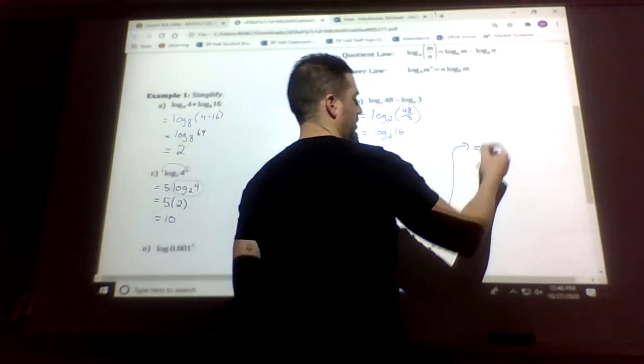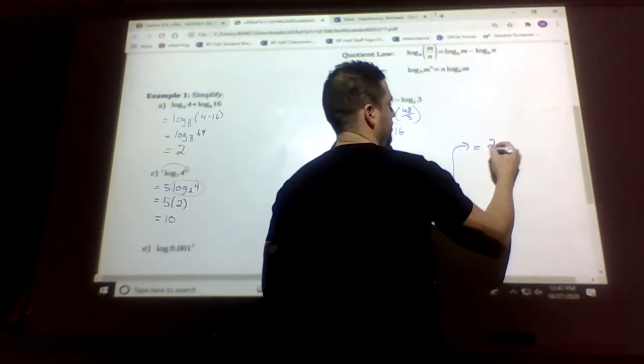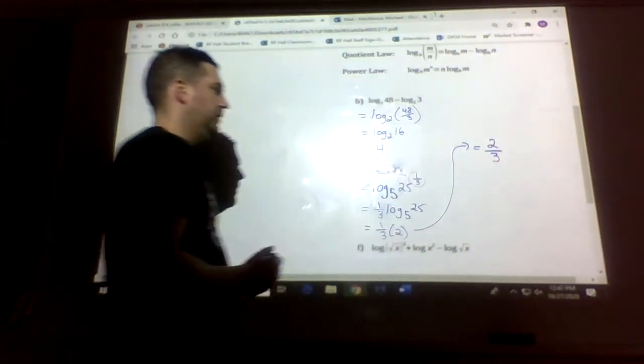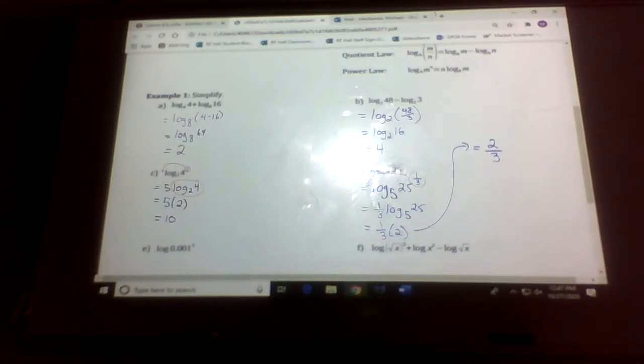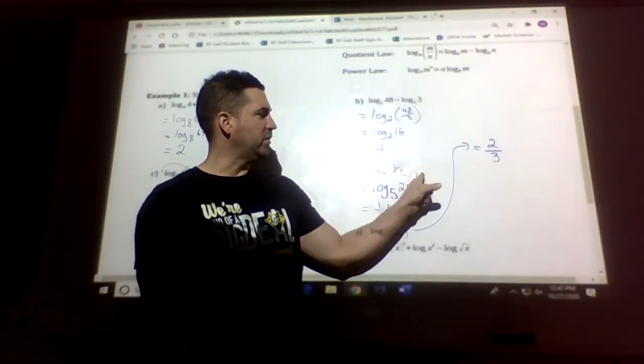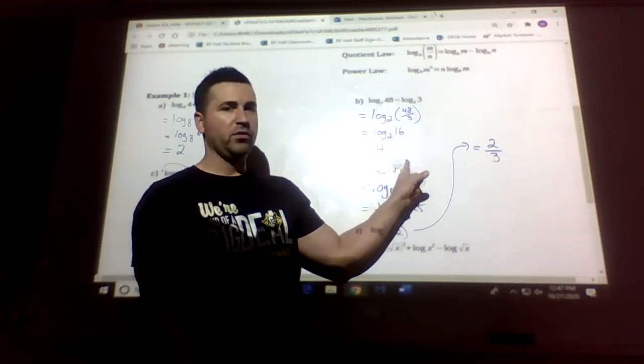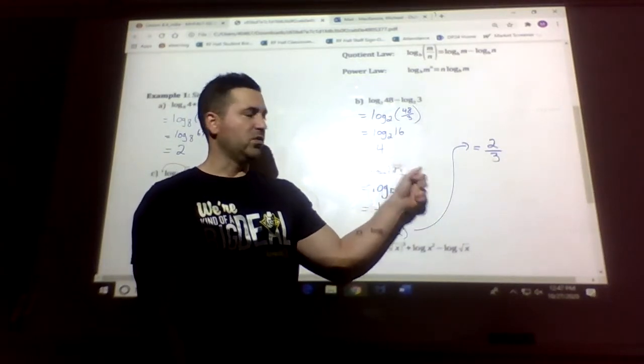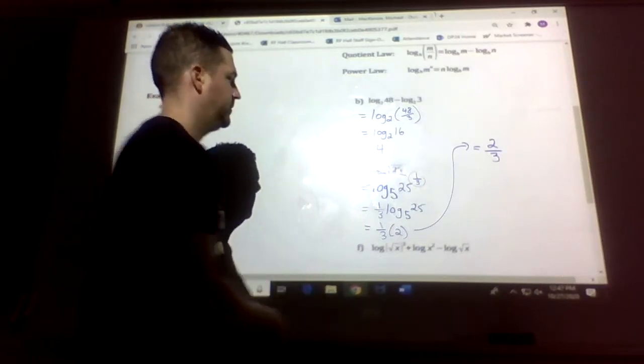And 1/3 times 2 is just 2 over 3. By the way, if this was a square root, the fraction would be 1 over 2. If this was a 4th root, it'd be 1 over 4. 5th root, 1 over 5, and so on.